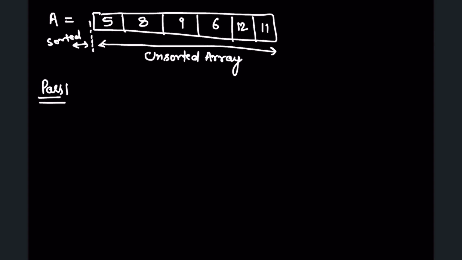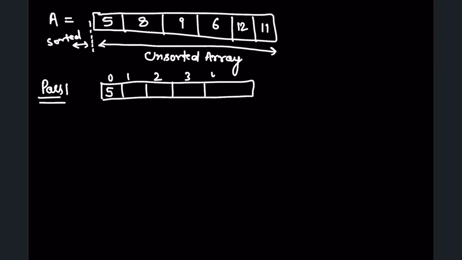We will find the minimum element from this array and swap it with the first position element. Here we can apply linear search or some other method to search the minimum element. So here the minimum element from this array is 5, which is already at the very first position, and the rest of the elements will remain at their positions.